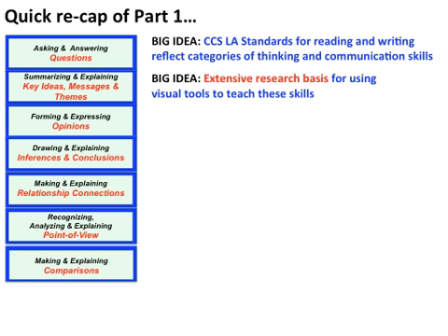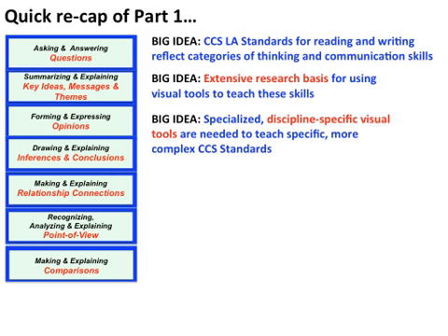But as these standards get more complex and you move up in the grade levels, the basic visual tools really just don't cut it anymore. What you really need are discipline-specific visual tools that are specifically designed for teaching very specific complex standards.